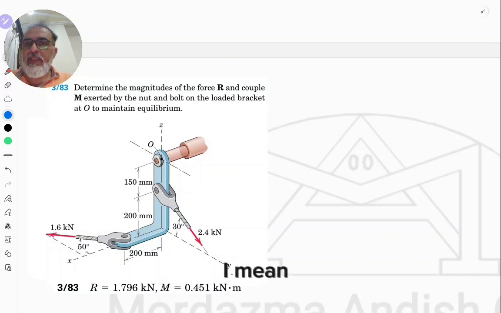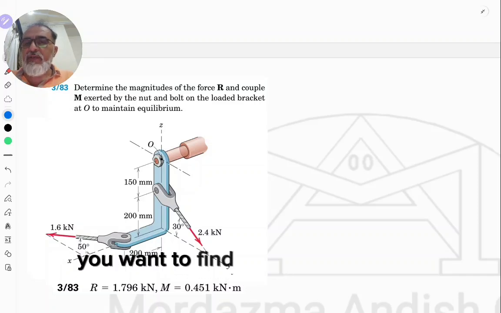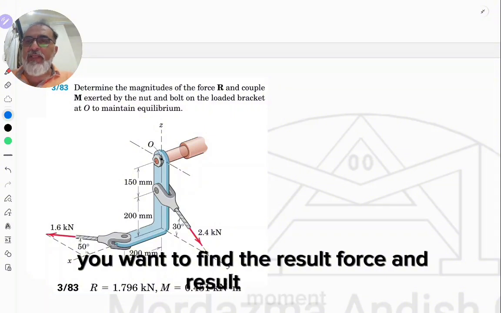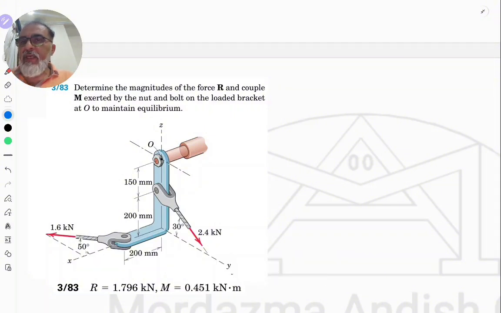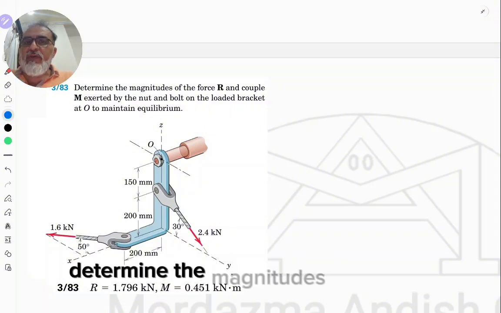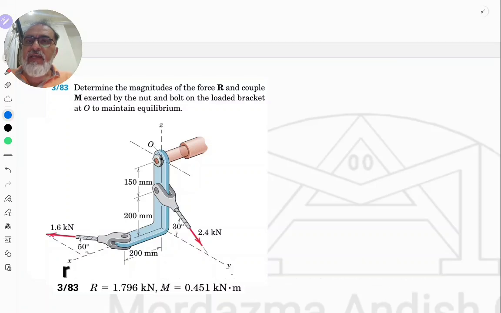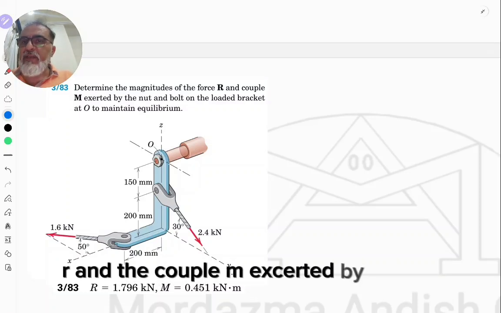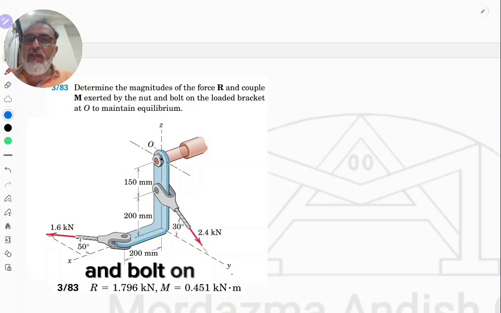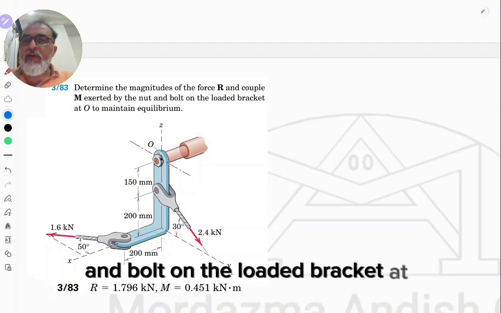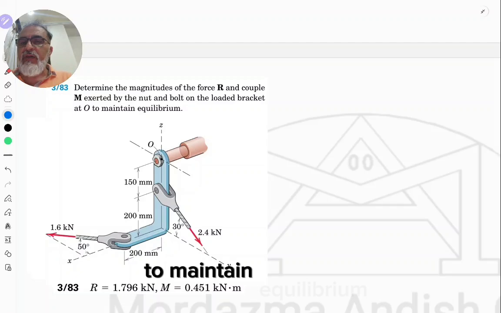I mean, we want to find the result force and result moment. Determine the magnitudes of the force R and the couple M exerted by the nut and bolt on the loaded bracket at O to maintain equilibrium.